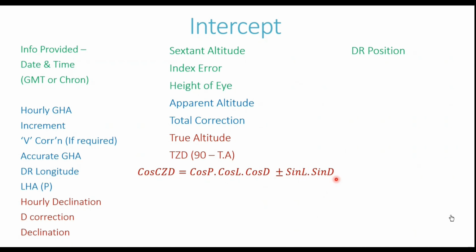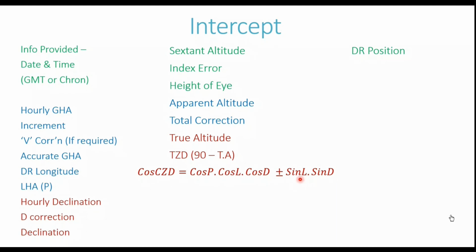So if lat and dec are of the same name, we will be using the upper sign, which in this case is plus. And the lower sign is used when latitude and declination are of the opposite names or different names. So be careful, in the long bicron formula, the minus sign was on top, and in the intercept formula, the plus sign is on top.